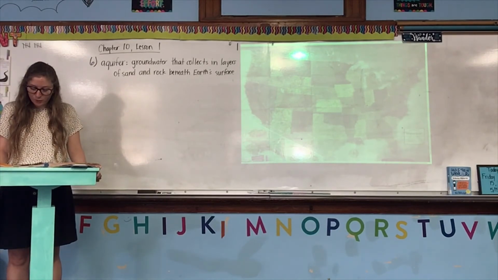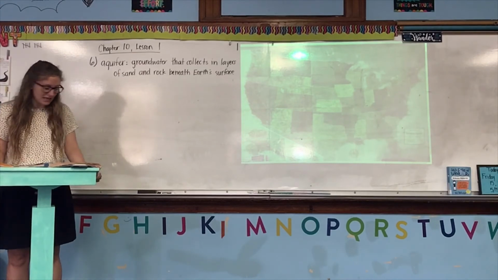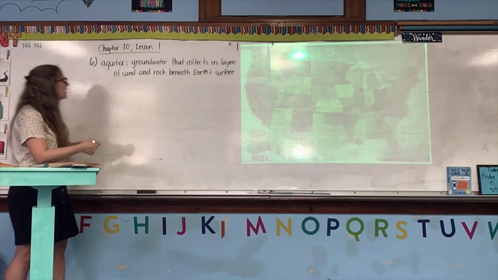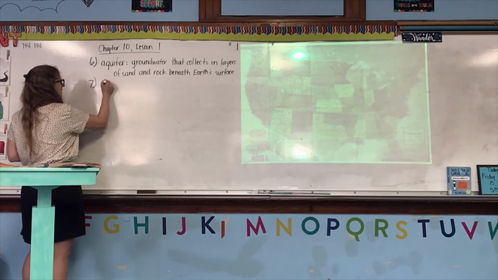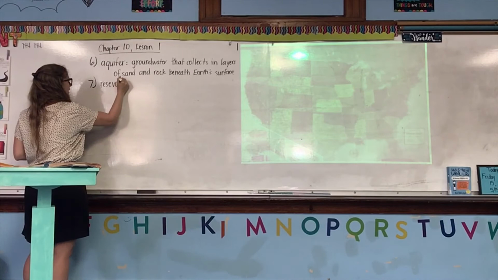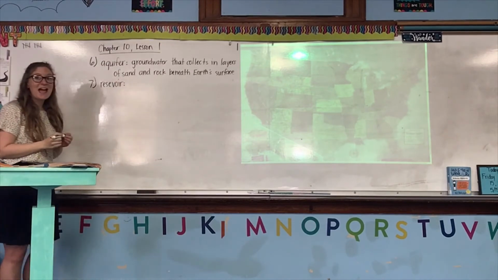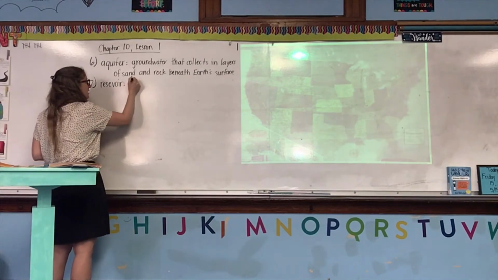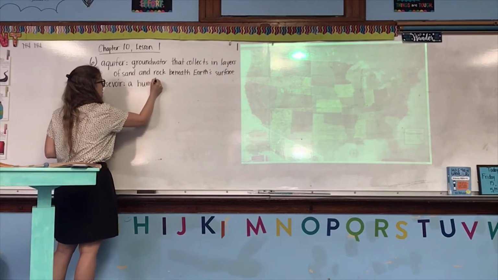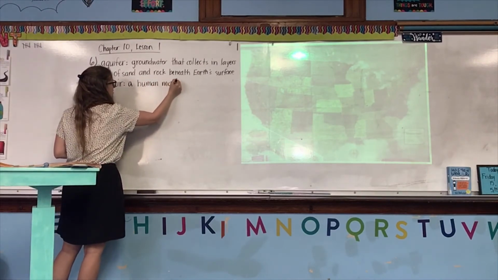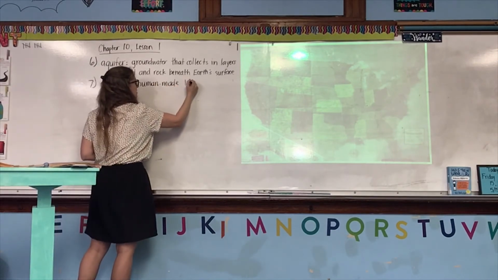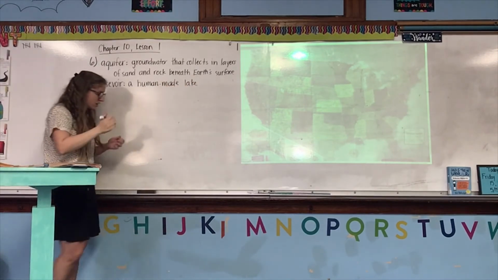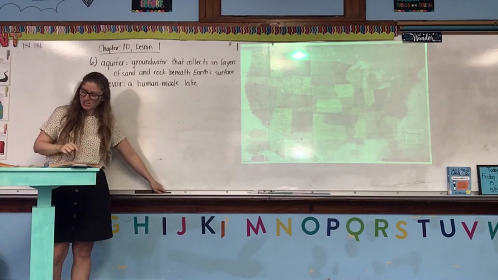People use dams to control the flow of these rivers. A reservoir forms upstream from a dam. A reservoir is a human-made lake. So, number 7 is the word reservoir. That is not a natural lake, it's a human-made lake, and it is usually located at the top of a dam.